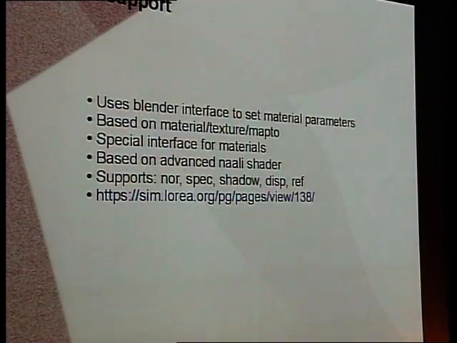So about material support, the RealXtend is using Ogre, like I said, and it's at the moment using a special shader coded in CG that supports, like a super shader that supports normal maps, bump maps, and so on.